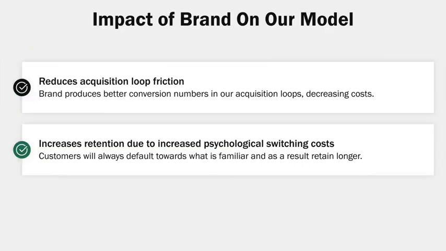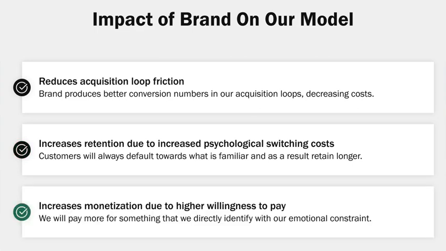Brand also helps increase retention due to increased psychological switching costs. The thing about brands as they grow over time is that customers always default towards what's familiar and what is recognized by others as solving for that primary emotional constraint for that specific target audience. As a result, they end up retaining longer rather than taking on those psychological switching costs to a new product in a new brand.